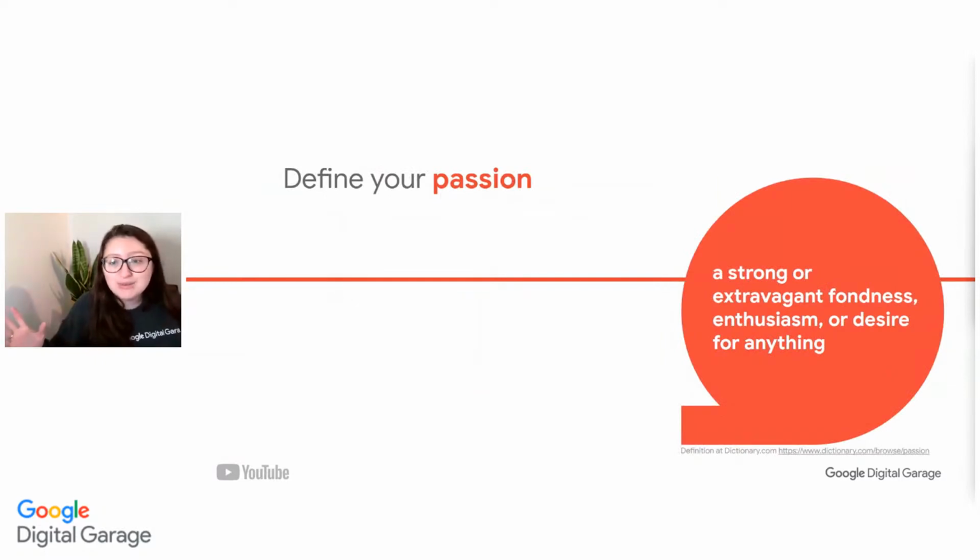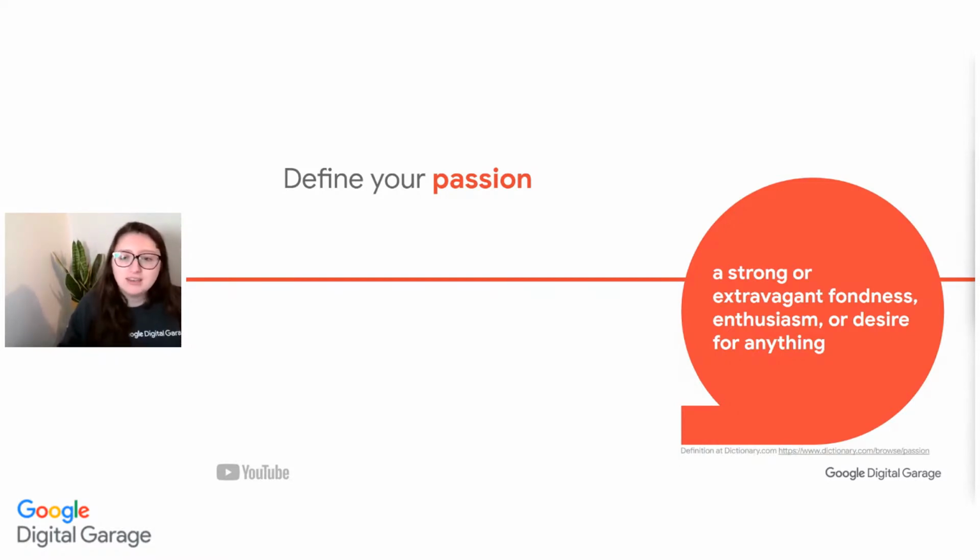What is your channel going to be about? Now, one of the best things about YouTube is that you can engage and continue to grow a community no matter what your passion is about. And that definition of passion: a strong or extravagant fondness, enthusiasm, or desire for anything. What's your passion?